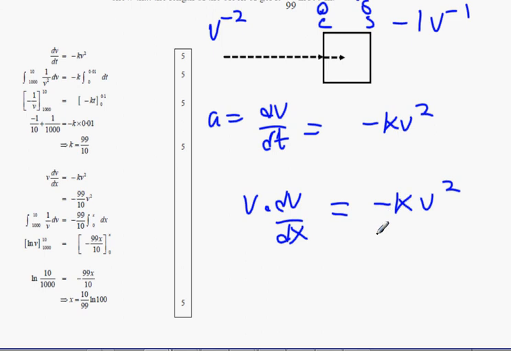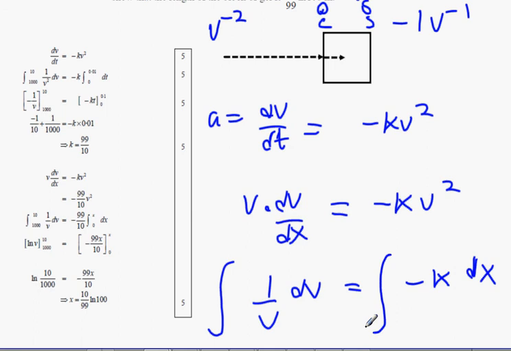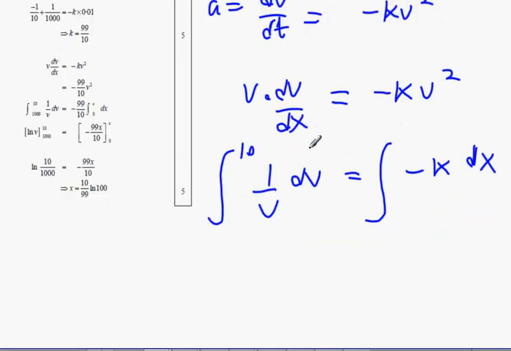And then what we're going to do next is divide by v. So we're going to bring down the v squared, and we're going to get 1 over v dv equals minus k dx. Now, matching up the limits is going to be important. It exits at 10, which means it's covered the distance s of the full block.